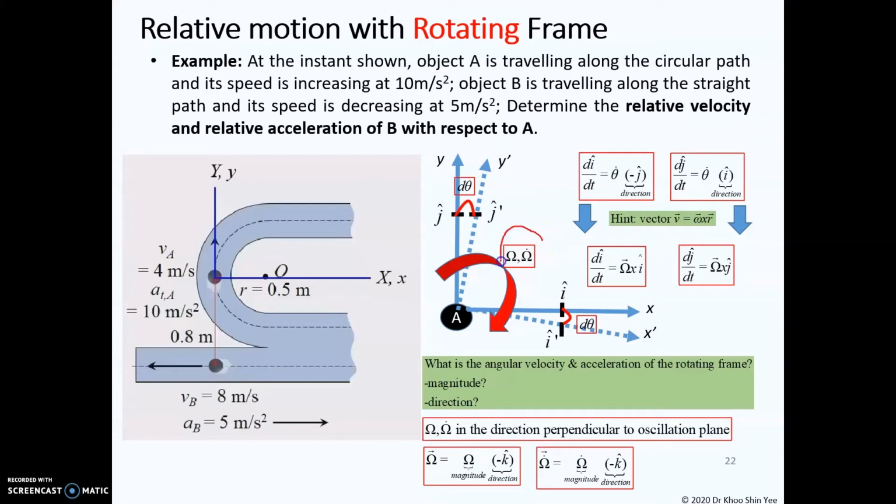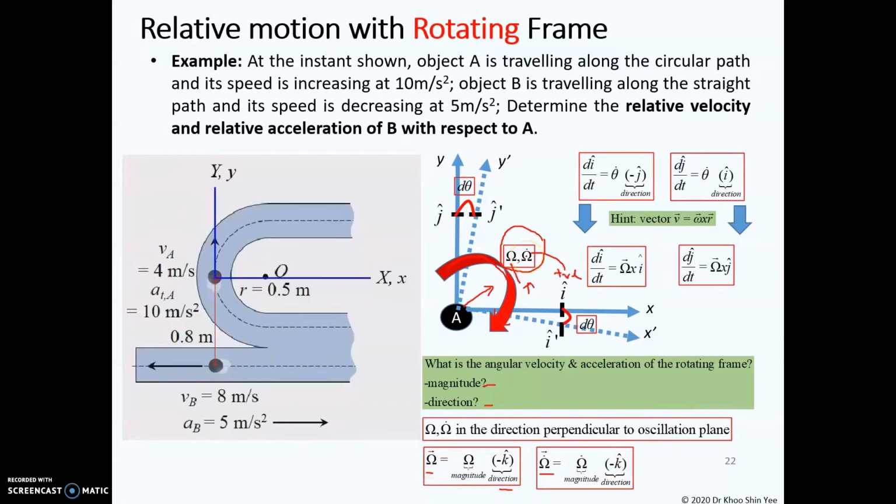If the angular velocity and angular acceleration are given for a rotating frame, and the direction of the rotation is given as well, then you must know the magnitude and direction of the Ω and Ω dot vectors. Previously, we used the right hand rule to determine the direction of angular velocity to be in the negative k direction, which is here. If the angular acceleration is positive, then your angular velocity will increase over time, and the Ω dot vector will be in the same direction as the angular velocity.